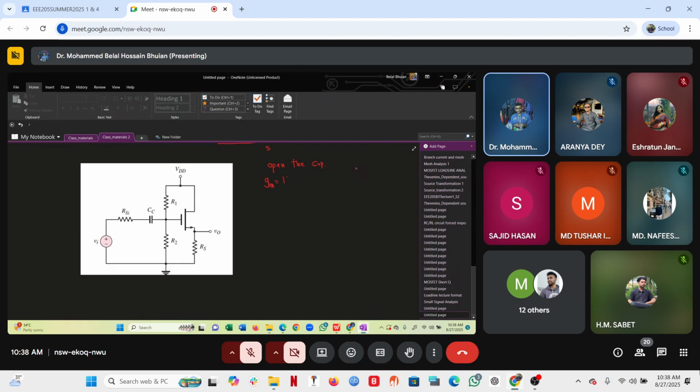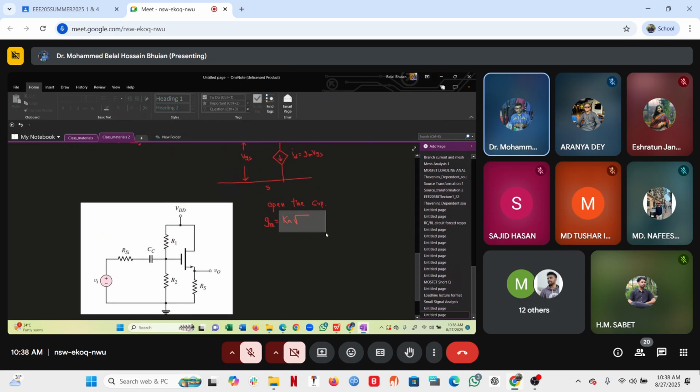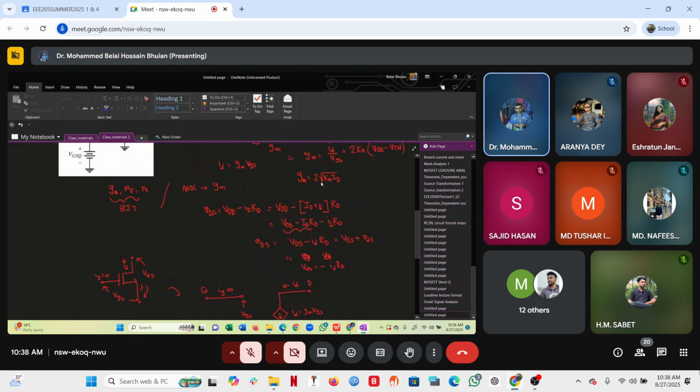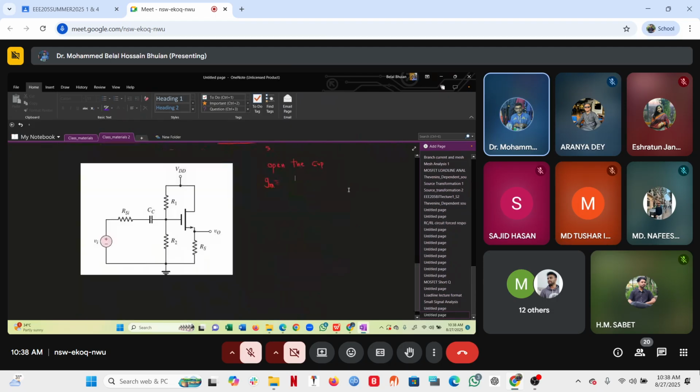And gm is k_n root 2 k_n I_D, so I need to determine I_D. For that, I need to draw the DC equivalent circuit. So if I open the capacitor, you get this circuit.